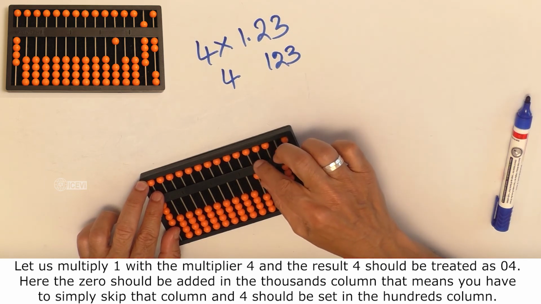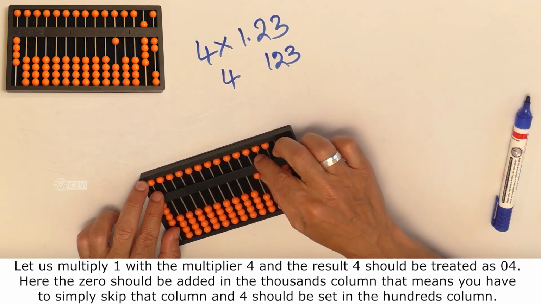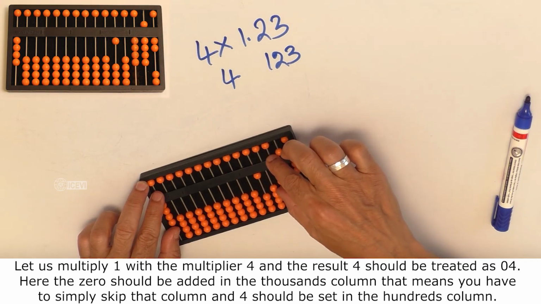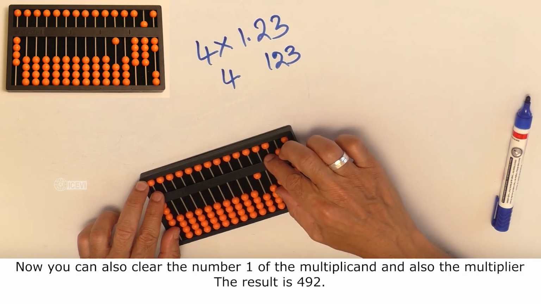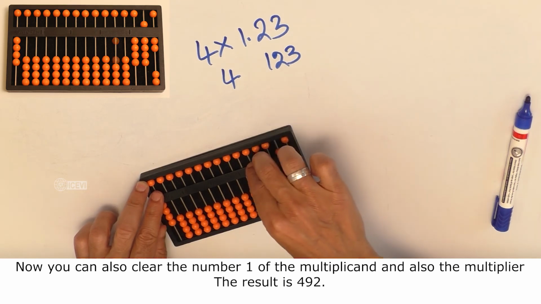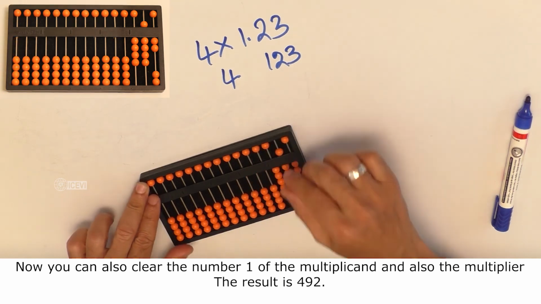So here 0 should be added in the thousands column. That means you have to simply skip that column and 4 should be added in the hundreds column. Now you can also clear number 1 of the multiplicand and the multiplier.